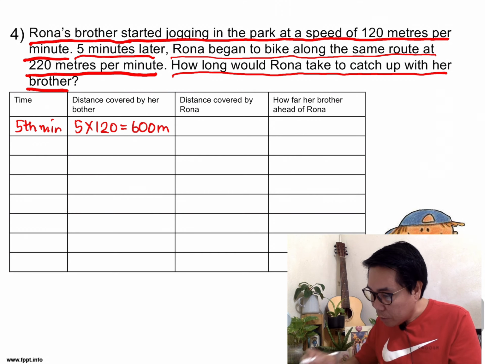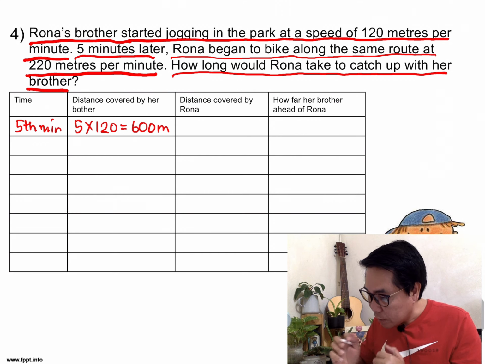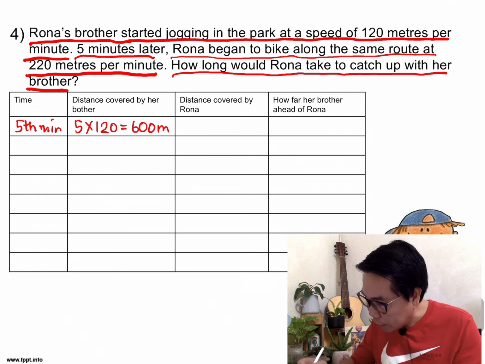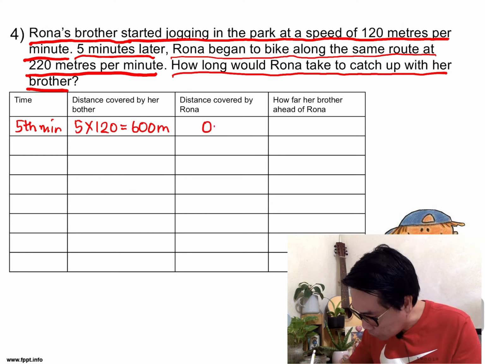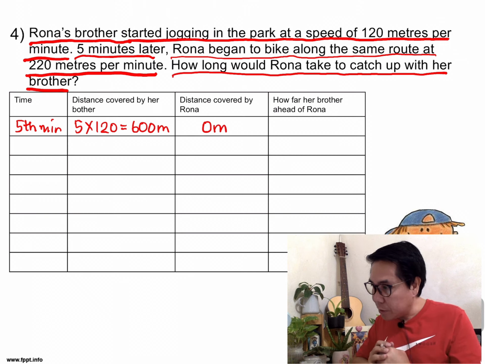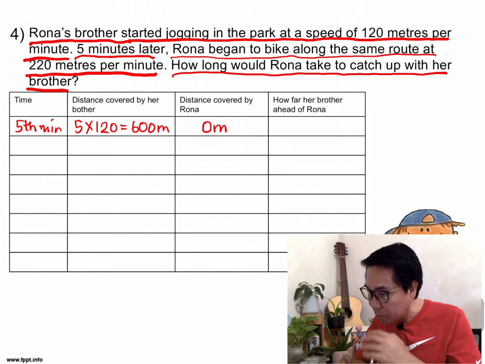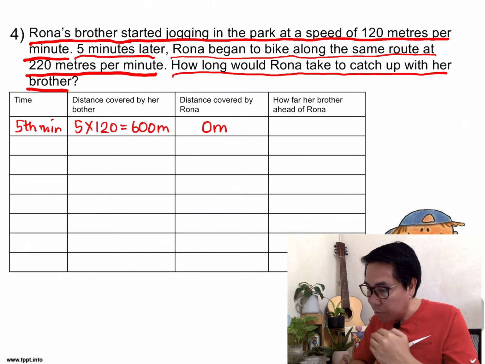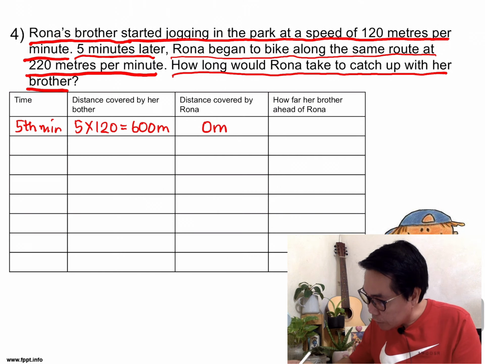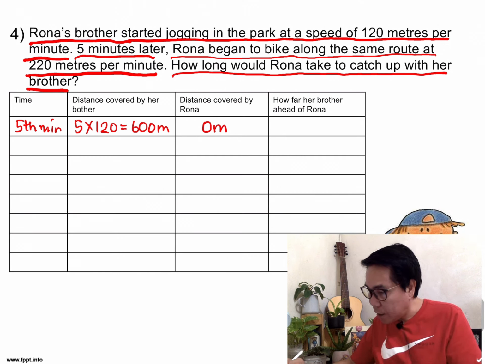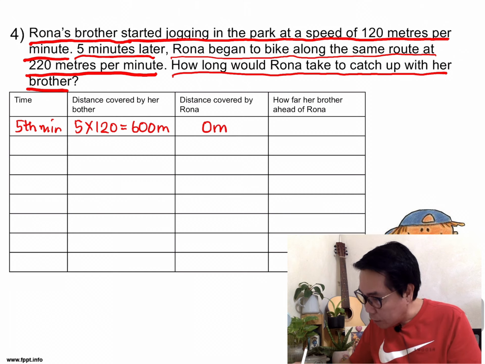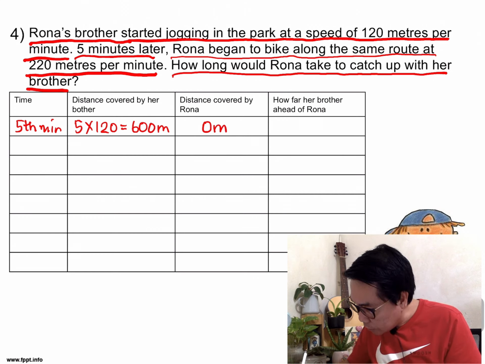In the fifth minute, the distance of Rona is 0 meters, because Rona began to bike along the same route 5 minutes later. How far is her brother ahead of Rona? It's still 600 meters.